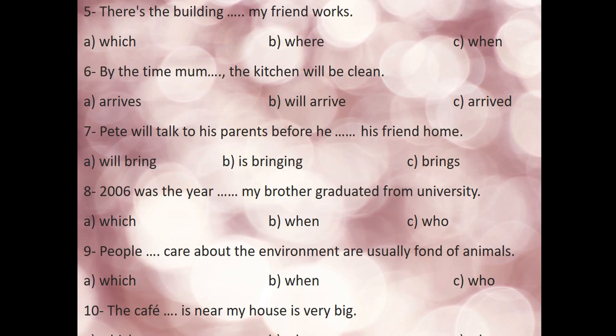Number 5: there is the building my friend works. I'm talking about the building. Here I'm not talking about the building's job. I'm talking about the building as a place. There is the building where my friend works.